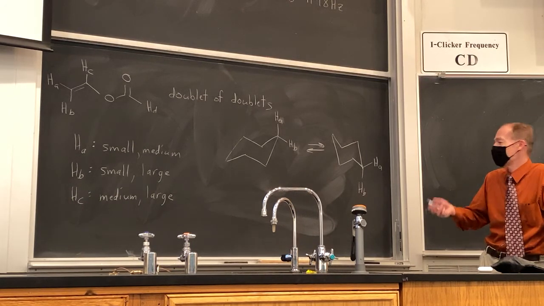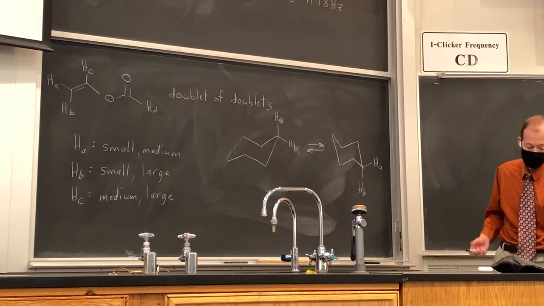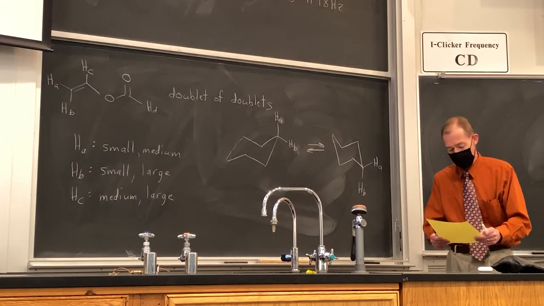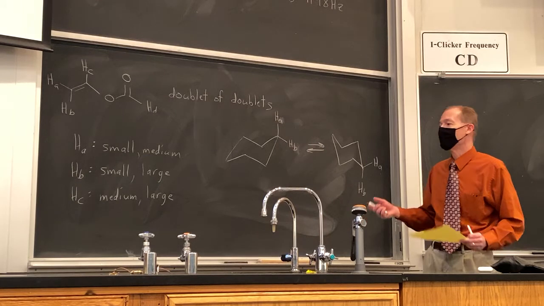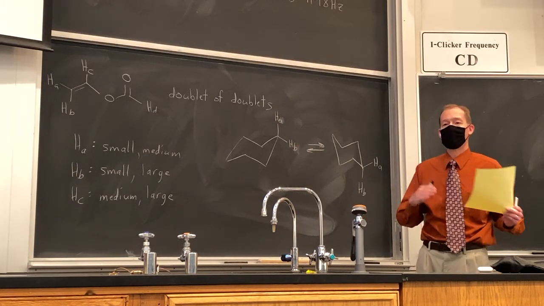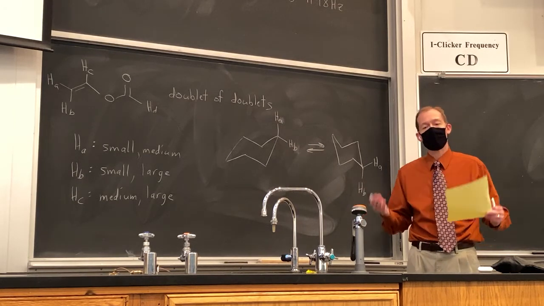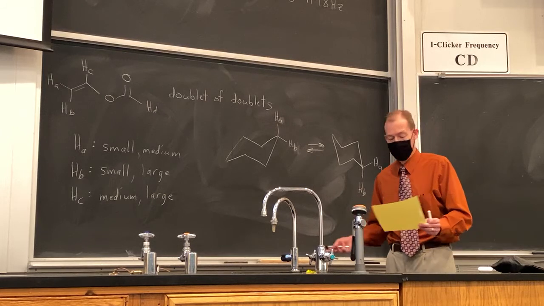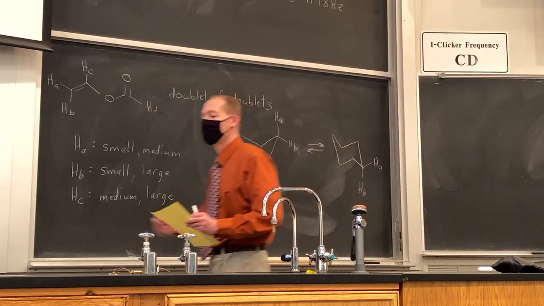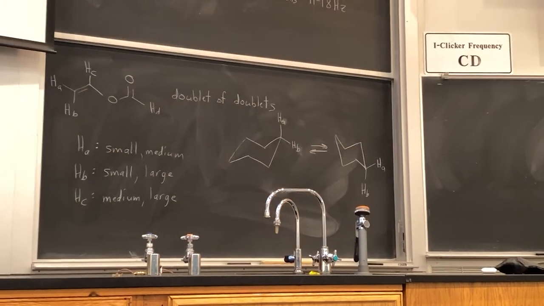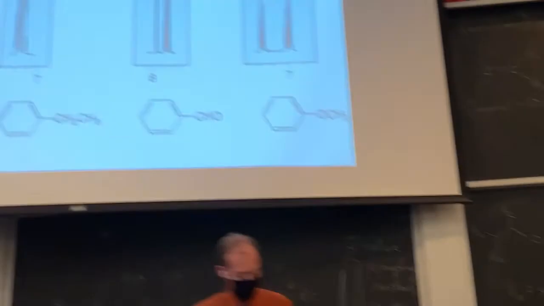But most of the time, you're just going to see 1 signal. The lesson we're learning here is that whenever you have hydrogens that are rapidly interconverting, they will be equivalent in the proton NMR. Okay, let's look at another example that will teach us another principle.